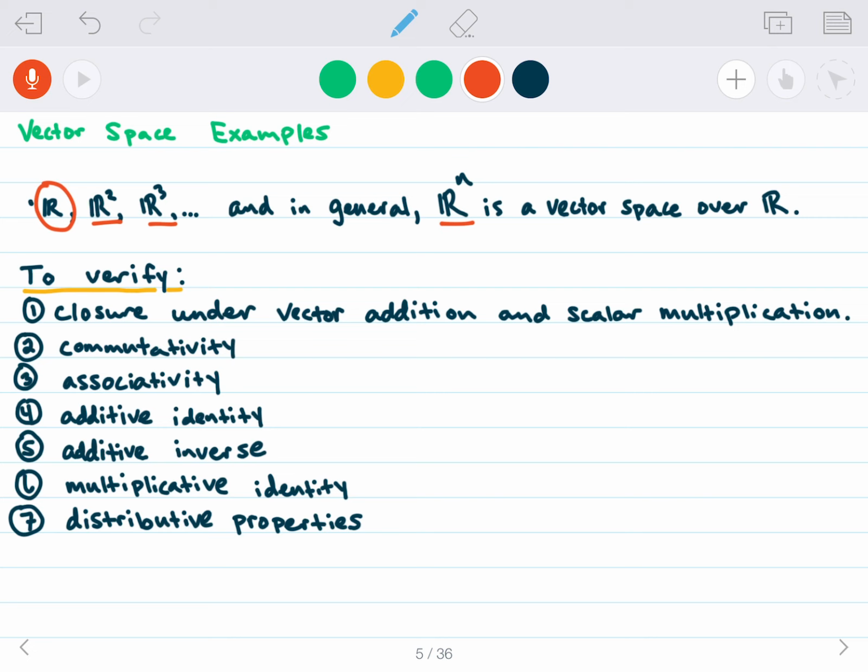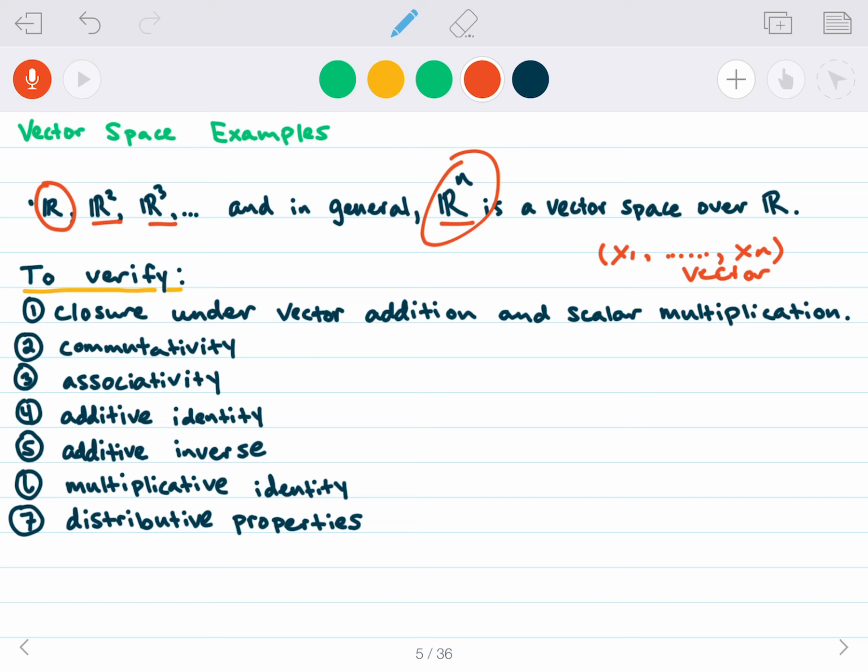So what does that mean? You can have a list of n elements, so, x1, all the way to xn. This is a vector in Rn. And what we're going to show, which, again, isn't exactly the most thrilling thing in the world, is to verify these things are true in Rn, just to get your feet wet with vector spaces.